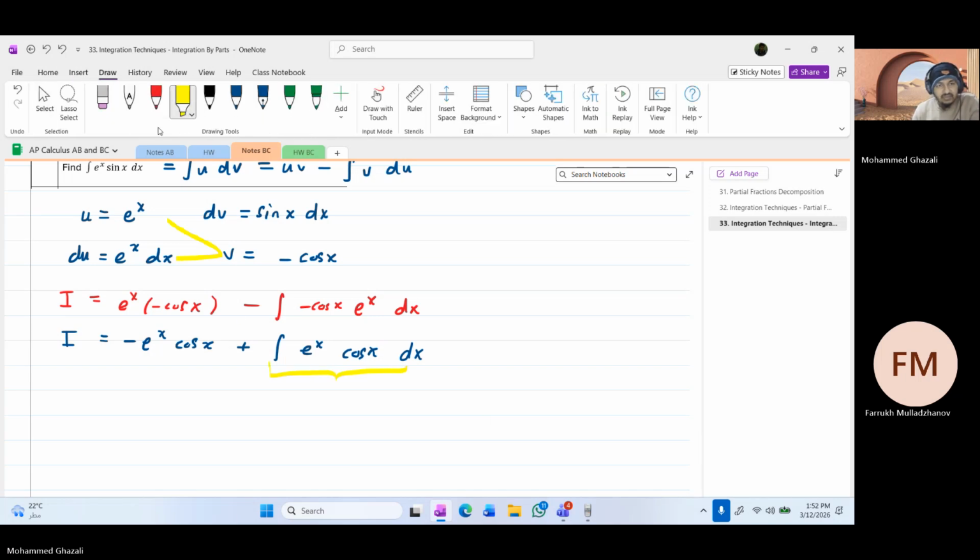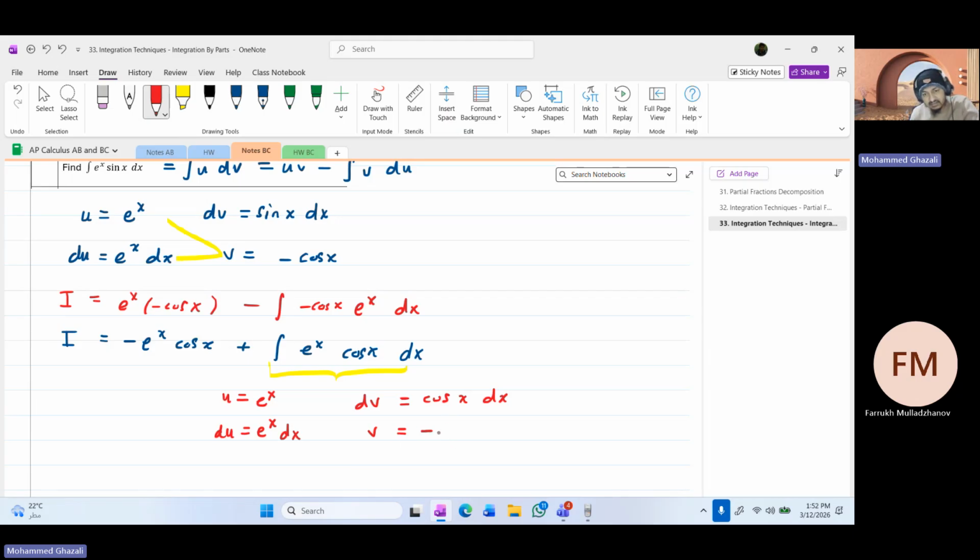So let u equal e to the power x and dv equal cos x dx. So du is equal to e to the power x dx, and v is equal to the integral of cos, which is sine x. The derivative of sine is cos, so the integral of cos is just sine x. That's it.